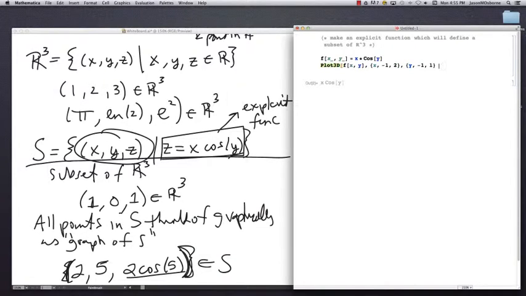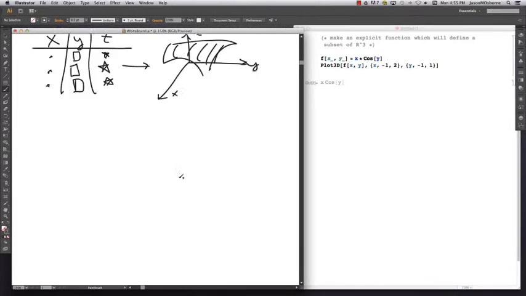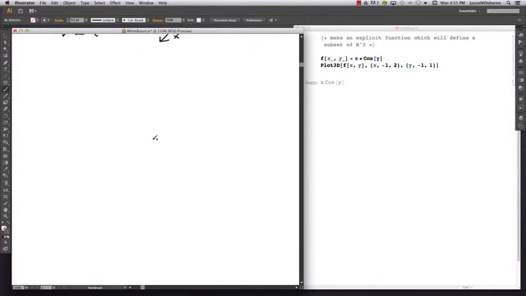So we have just what we should expect to happen here. What we expect to happen before I hit enter is that we told the computer that we are interested in looking at the x values from -1 to 1, and we want the y values from -1 to 1.